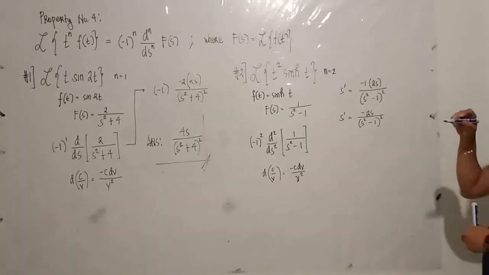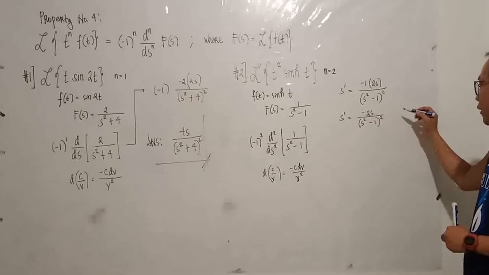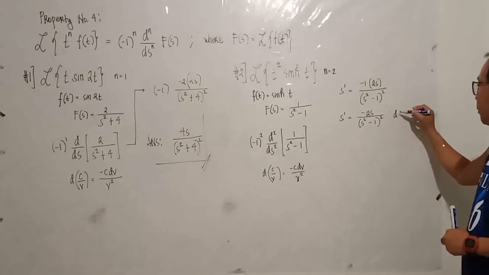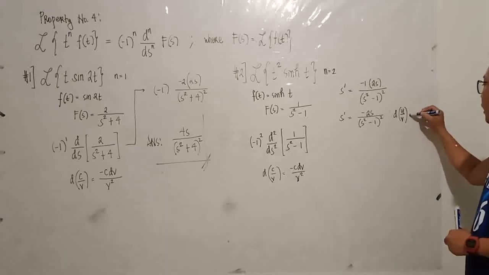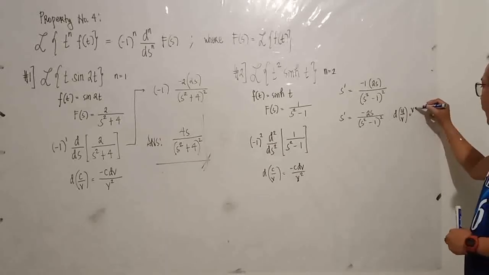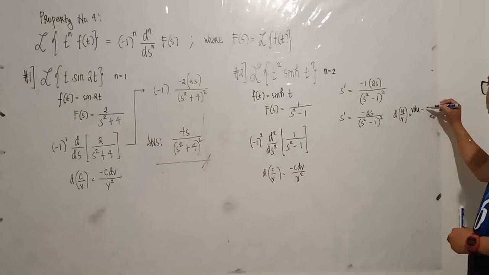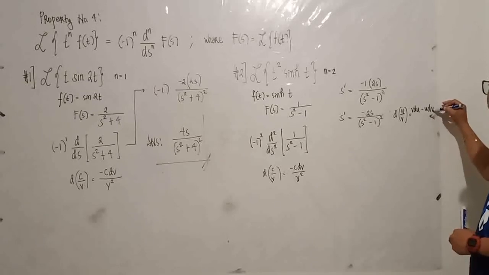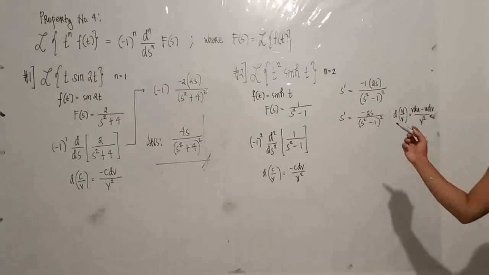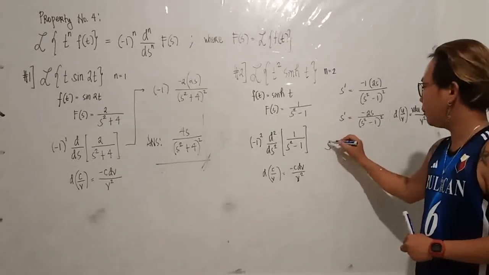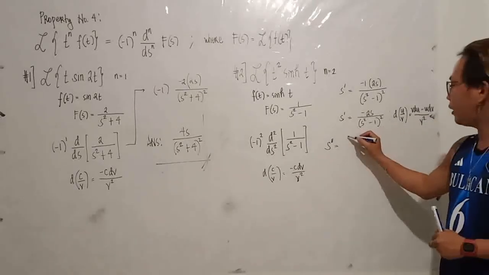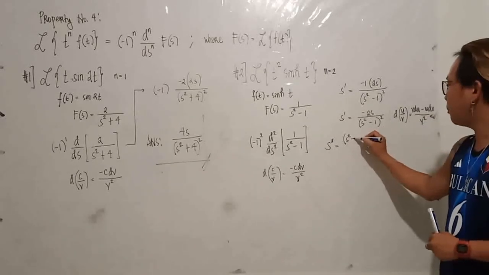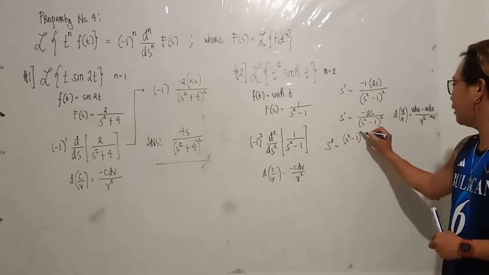Now, for the second derivative, this falls under the derivative of u over v. And that is v du minus u dv over v squared. We will now have the second derivative as: your v is the denominator, which is s squared minus 1 squared.